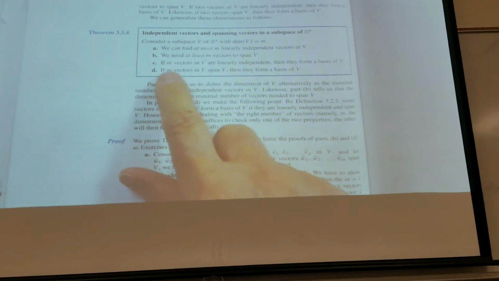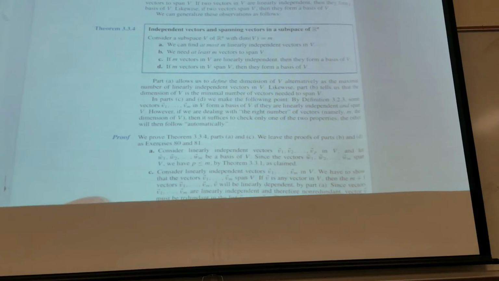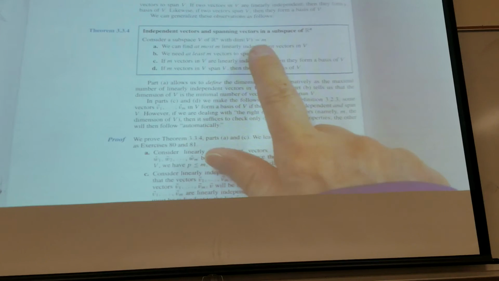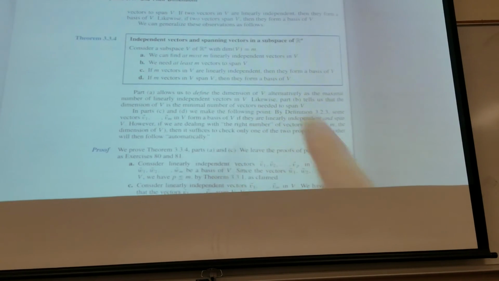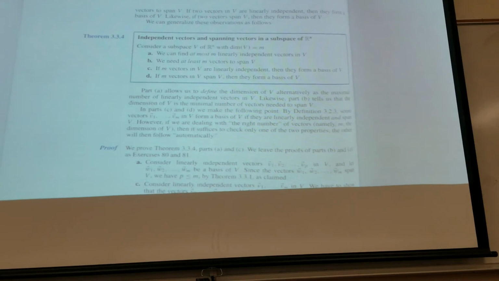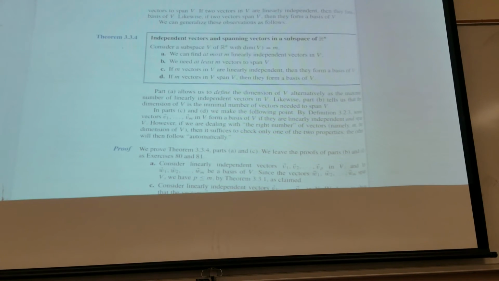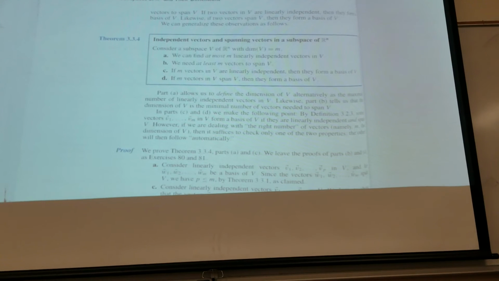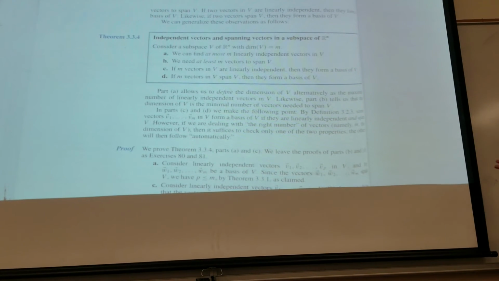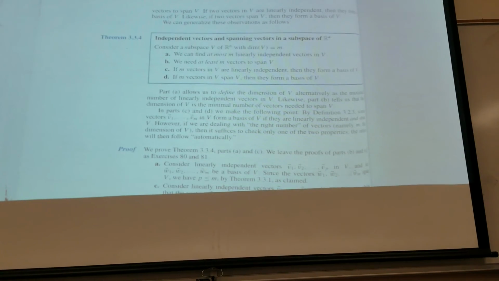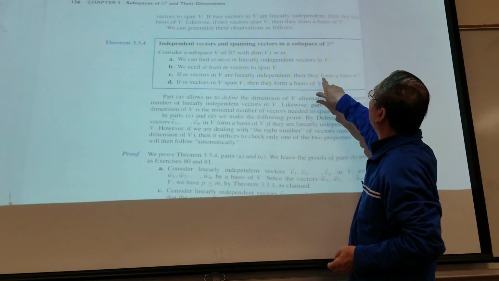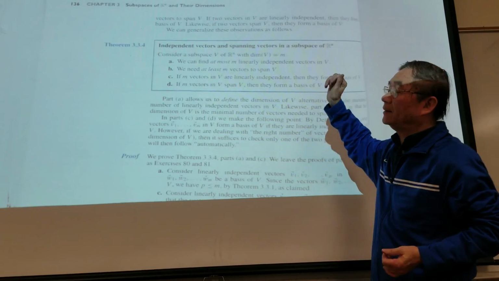If you find m vectors, so dimension is m, remember? Dimension of V is m. And then what happens if you find m linearly independent vectors? What can you say about it in terms of spanning or not spanning V? If you find m of them, then they form a basis. Why?